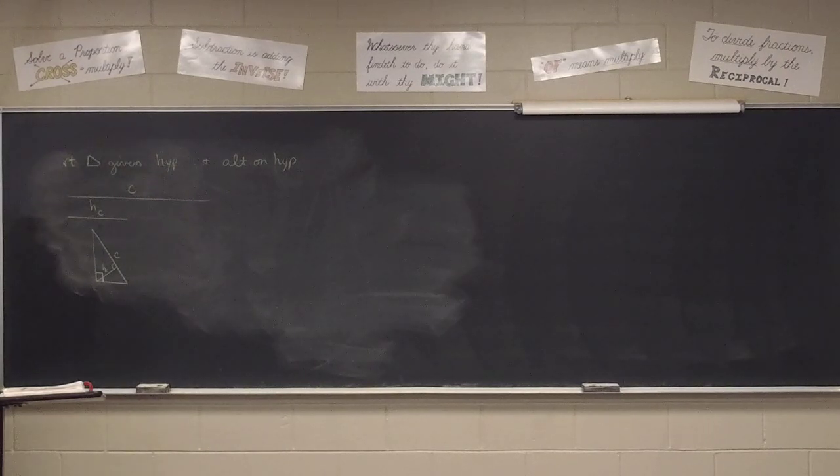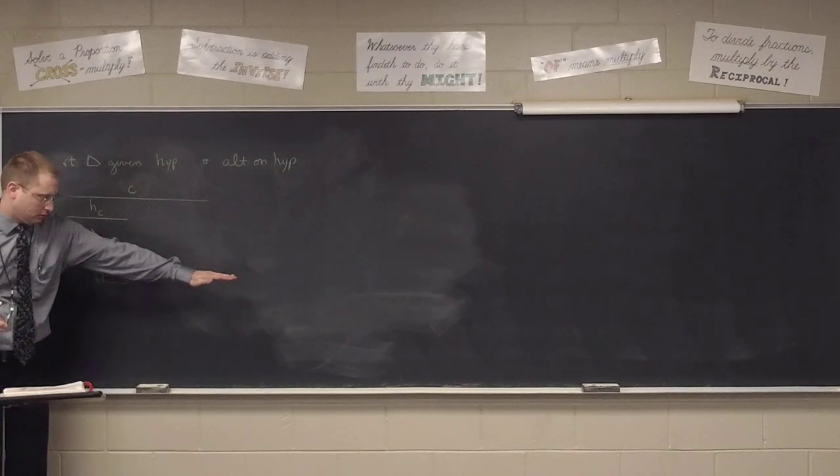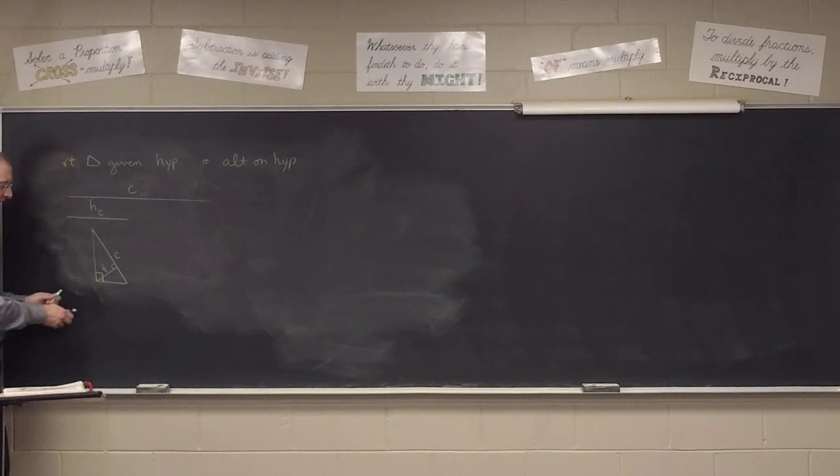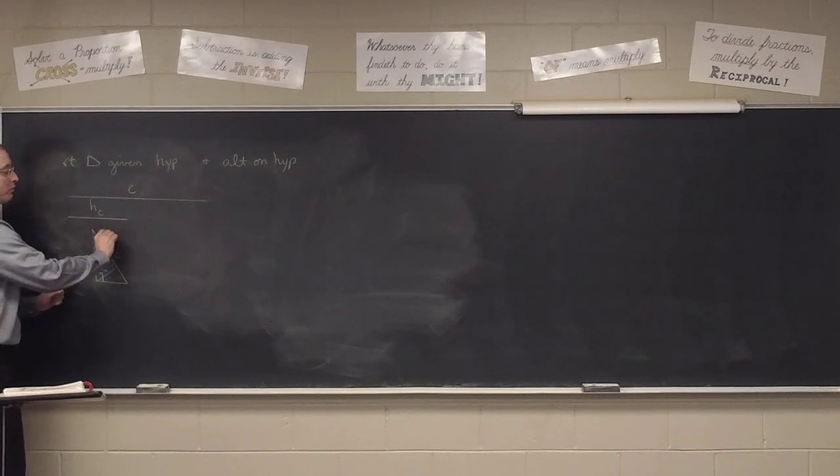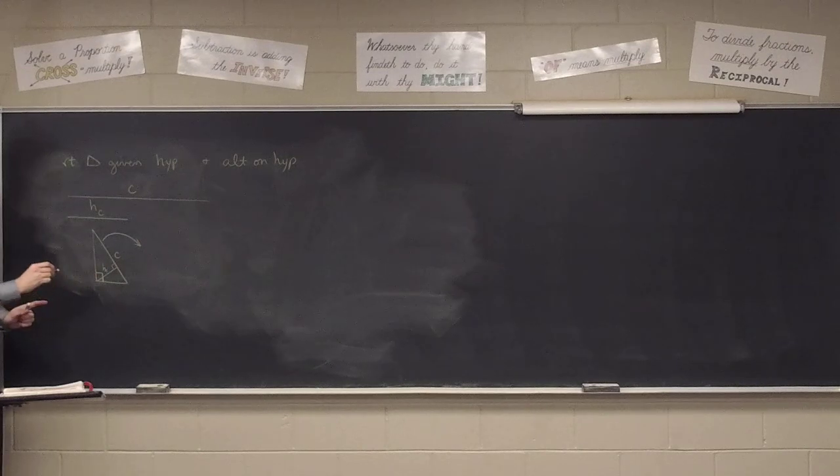Now, I want to point something out here. Normally, when I draw my big long line, I draw it horizontal. But I don't know anything about this line right here. Last time, we rotated the picture. We could also draw my big long line at an angle approximately where we think the hypotenuse will go.